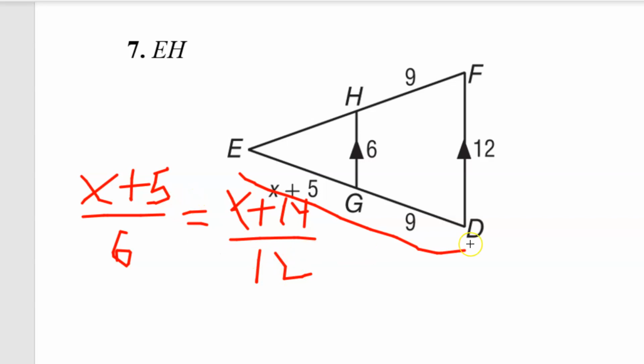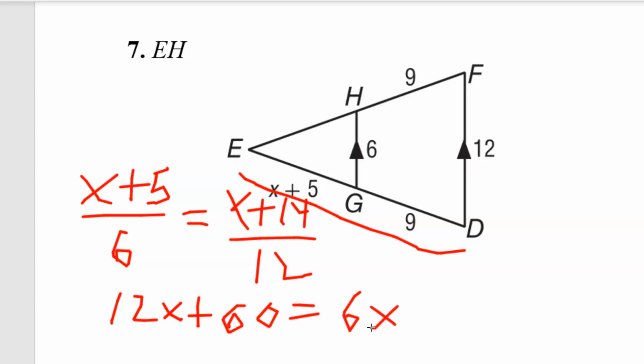So now I can cross multiply, and I would have 12x + 60 equals 6x + 84. Okay? And then we can solve that equation.